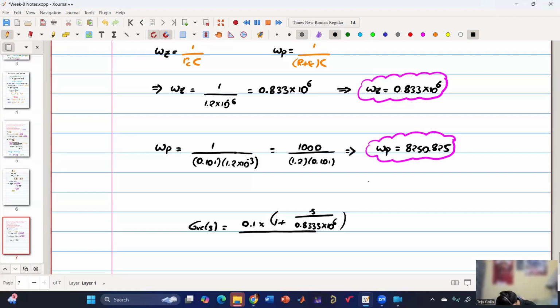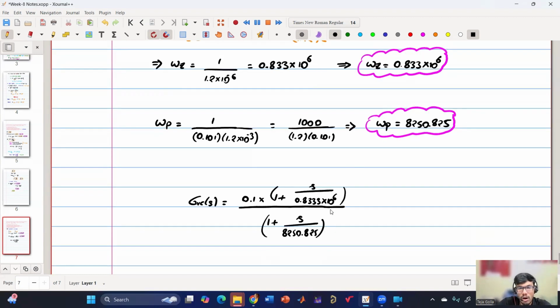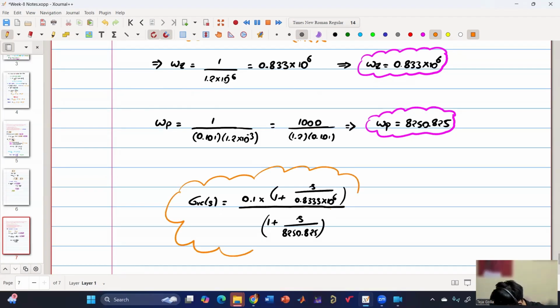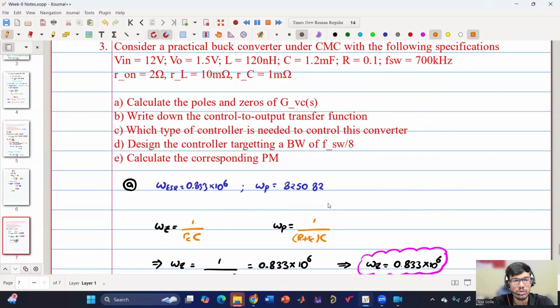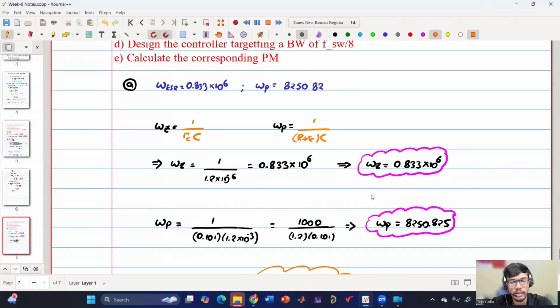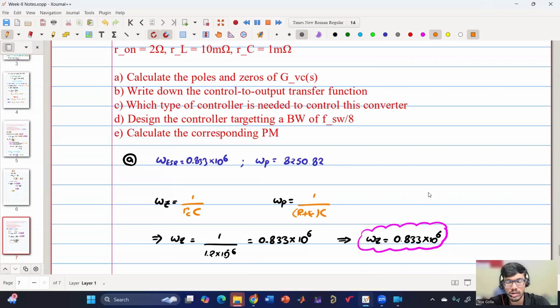And in the denominator we have 1 plus S by 8250.825. This is the overall transfer function that we are getting. So poles and zeros, pole will be minus 8250.825 and zero is minus 0.833 into 10 to the power 6.